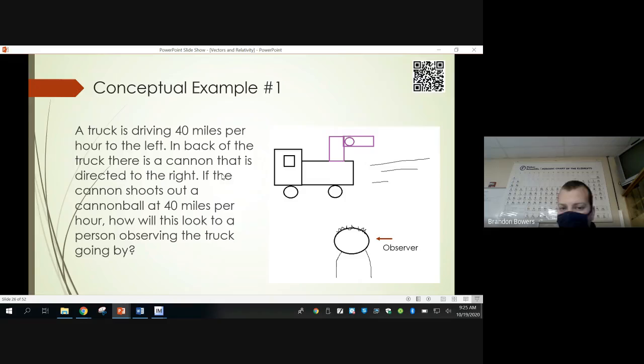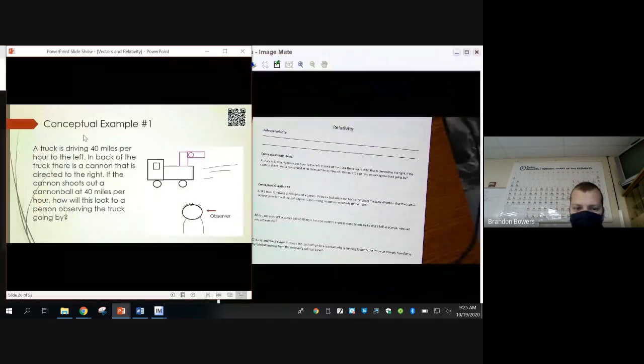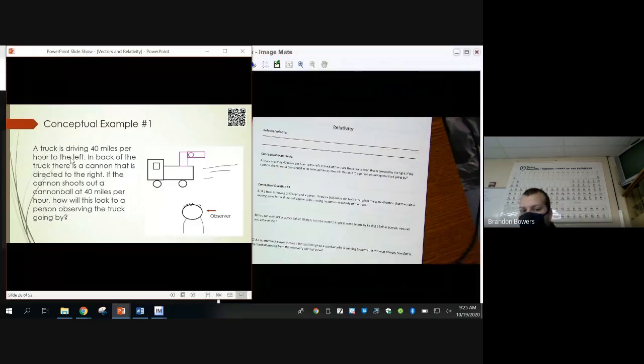All right. So let's talk about this question here quick. A truck is driving 40 miles per hour to the left. In the back of the truck, there is a cannon that is directed to the right.